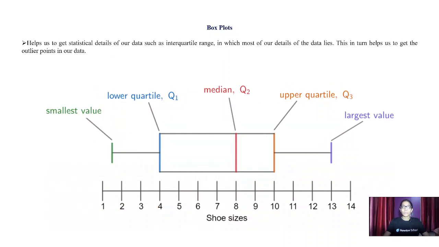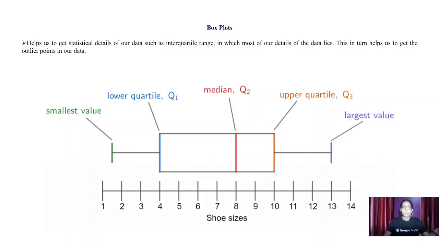Now comes the box plot. A box plot gives us an idea about the statistical details of data, the interquartile range, and helps us get an outline of the outlier points in our data. Now you can see in the diagram the interquartile ranges of a particular detail of our data.